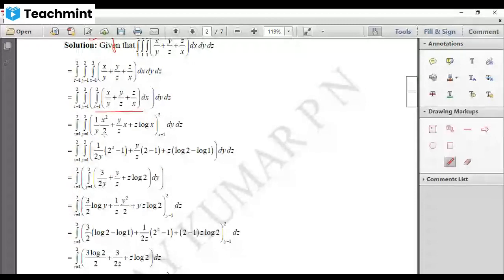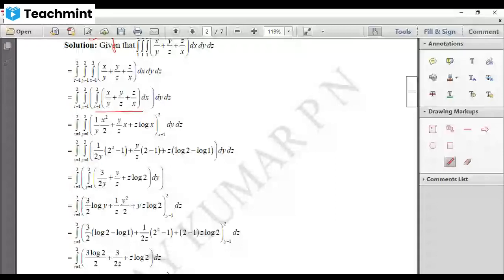Plus y by z is constant. So remaining is 1 here. What is the integral of 1? X. Plus z is constant. 1 by x, the integral of 1 by x is log x, and the limit is from 1 to 2. Apply the upper limit and lower limit. Now here 1 by 2y is constant. You'll get 2 square minus 1 square. Plus y by z is constant. 2 minus 1. Plus z is constant. You'll get log 2 minus log 1.